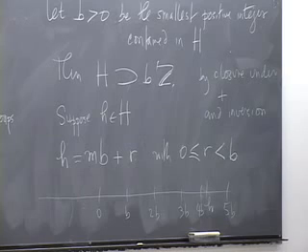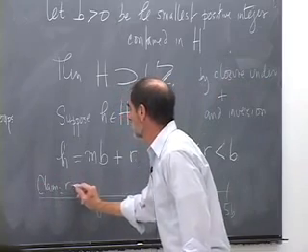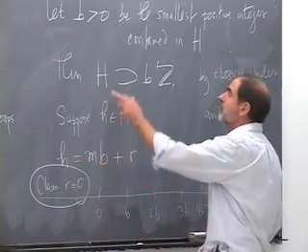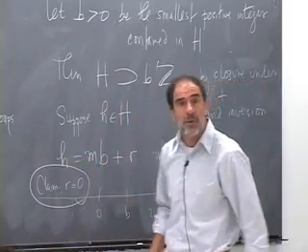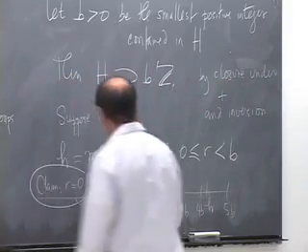Okay? Now, I claim that r is equal to 0. Which will show that h is actually a multiple of b, so that this exhausts the subgroup. And the proof is, if not, why?